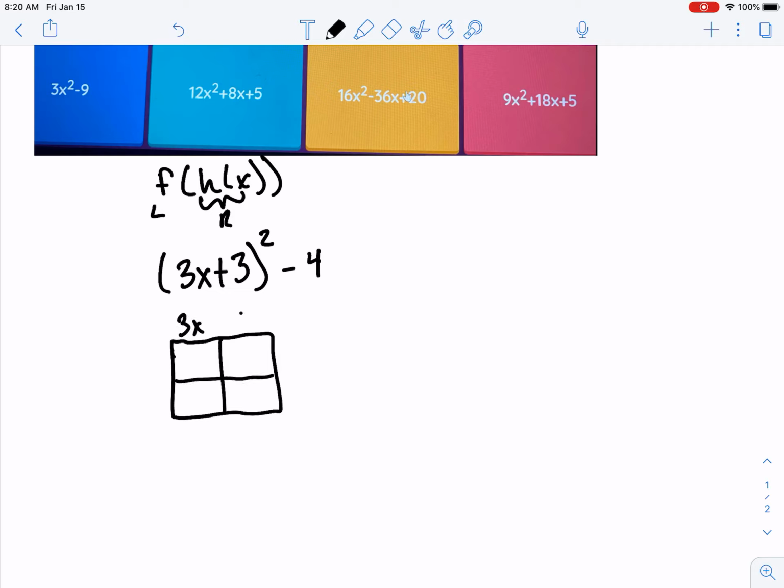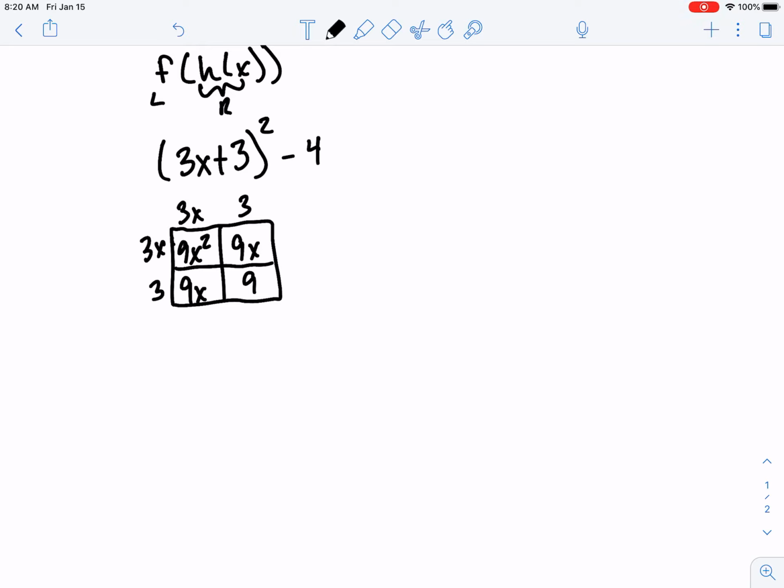I prefer the box method when multiplying polynomials or expressions. It keeps everything organized. And the further you go in math, the more organized you are, the more success you'll have. And then we combine like terms.